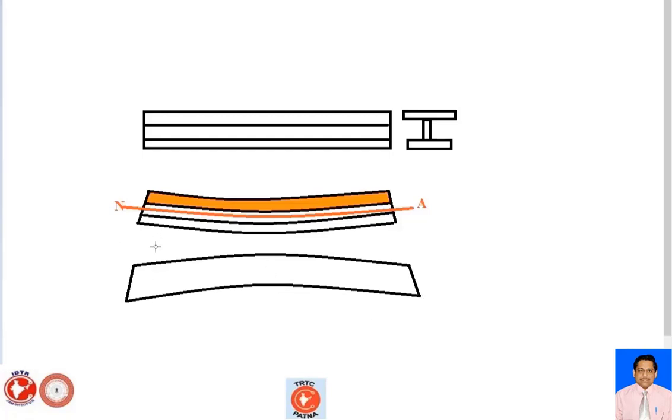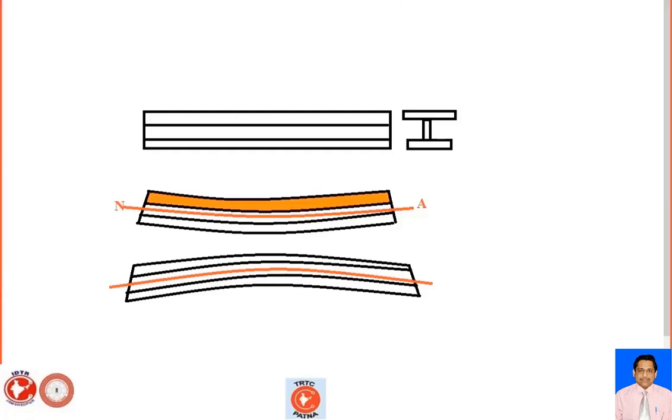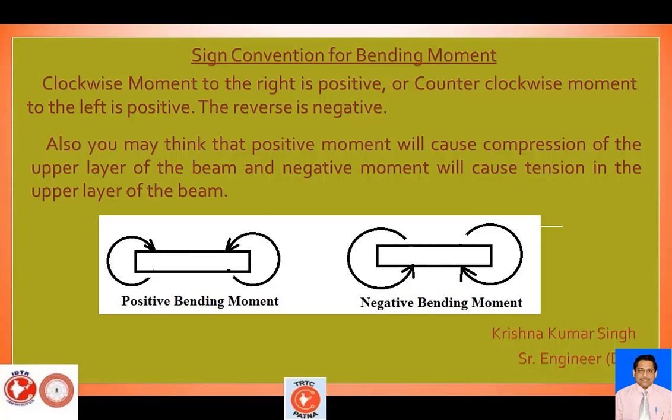So here is your tension, as I discussed in the I section. Here for the bending moment you have to use the sign convention as negative. So write down here the negative bending moments.